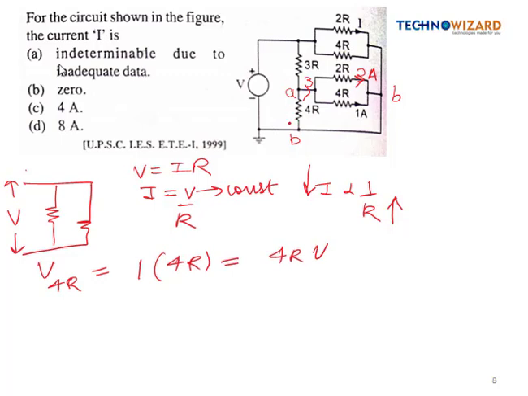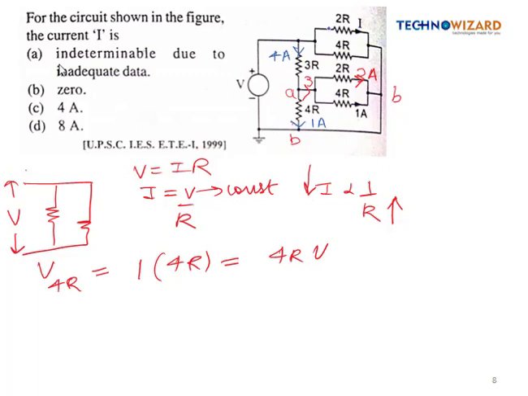Similarly we will find the current through this 4R, which will be 1 ampere, right. I will show with a different pen. So here the current flowing is 1 ampere. If 3 ampere current is flowing like this and here 1 ampere, then simply by the KCL equation we can find here the current is 4 ampere, right.